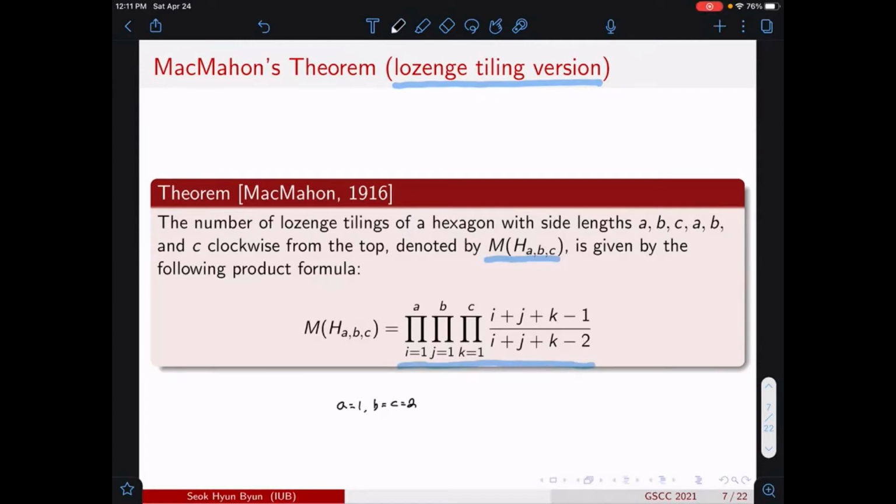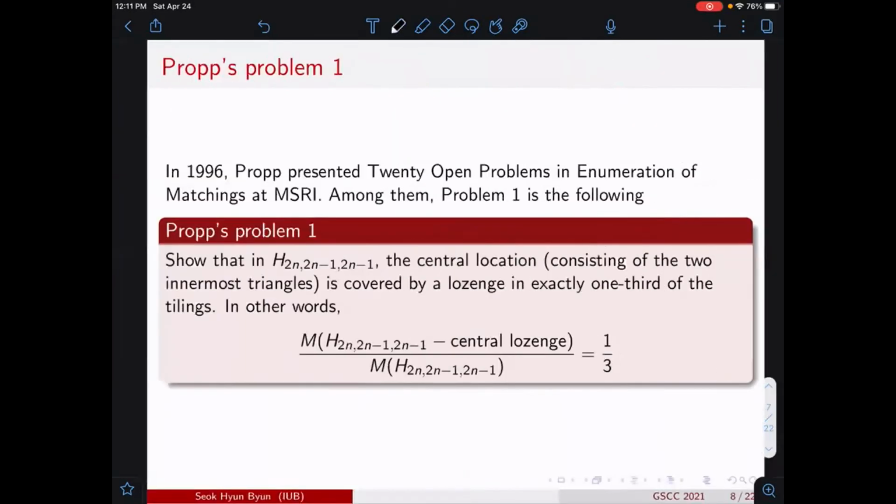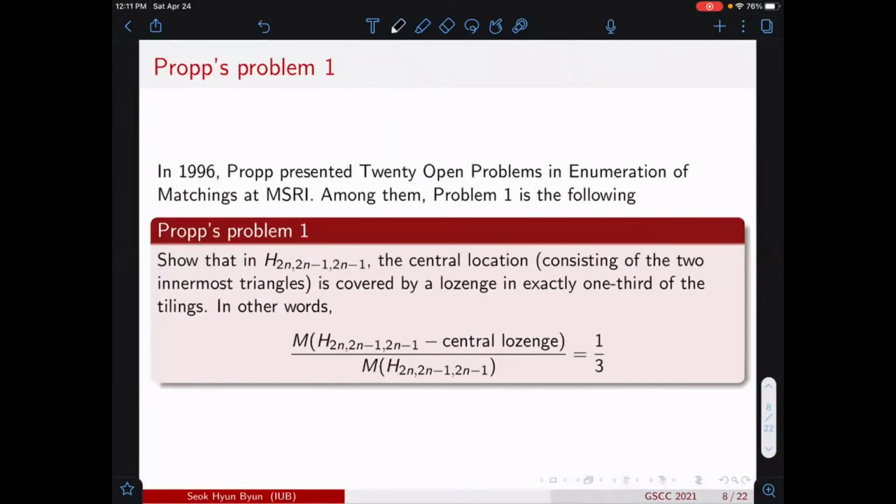This theorem is very general and beautiful enough, but mathematicians do not stop here. In 1996, James Propp presented 20 open problems in enumeration of matchings at MSRI, and among the 20 problems, problem number 1 is the following.